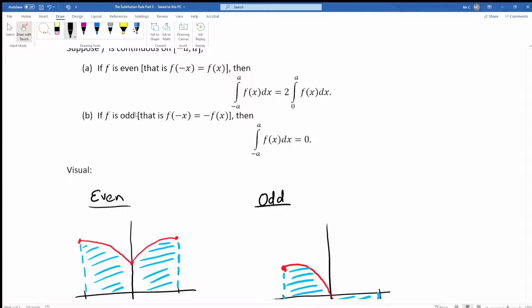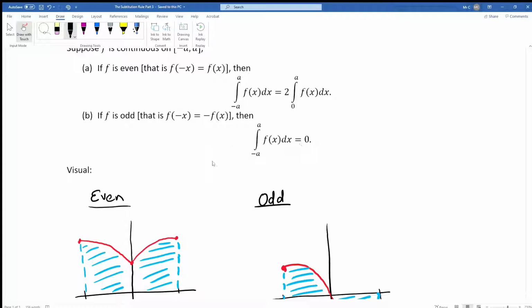All right, well, if f is odd, that is, f of -x is equal to negative f of x, then the integral from -a to a of f of x dx is just 0.